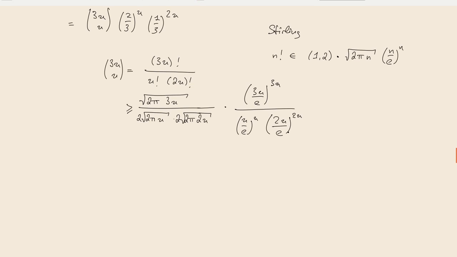Now the e's just cancel out because there's 3u up here, and u and 2u down there. Then here we can simplify a bit by canceling a few things, but it doesn't get extremely nice. There's a square root 3 left here, then an 8 below because we can pull out another factor of 2 from these 2's. Did I make a mistake on my sheet?